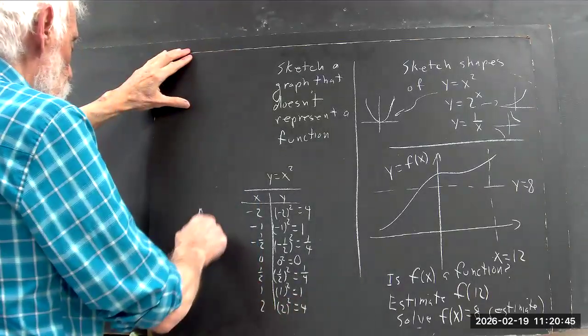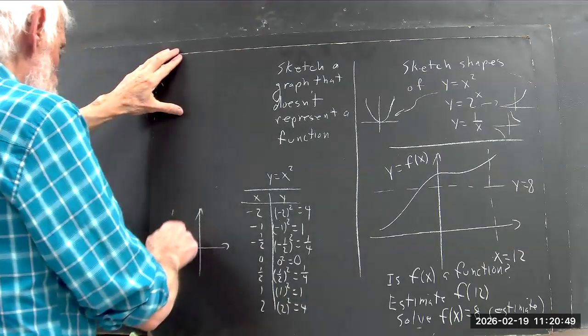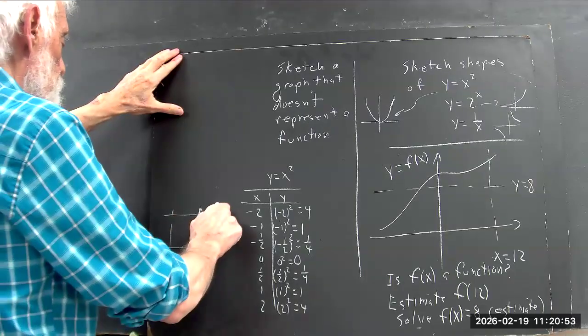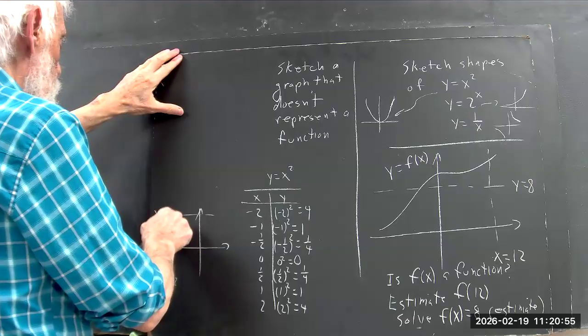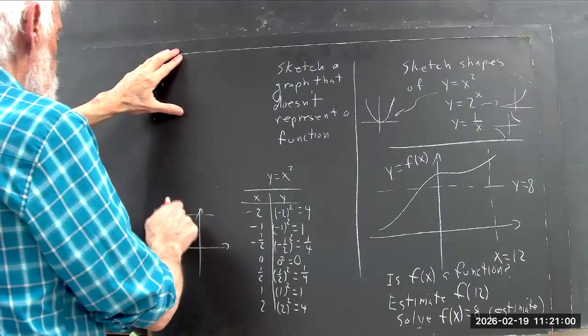If you put those on a graph, you're going to get the point where x equals -2 and y equals 4, which would be here. This line is y equals 4.